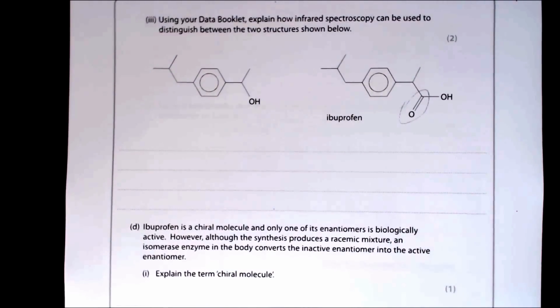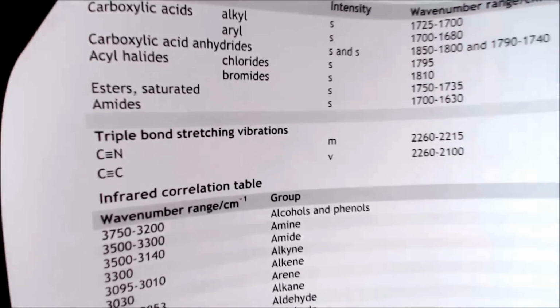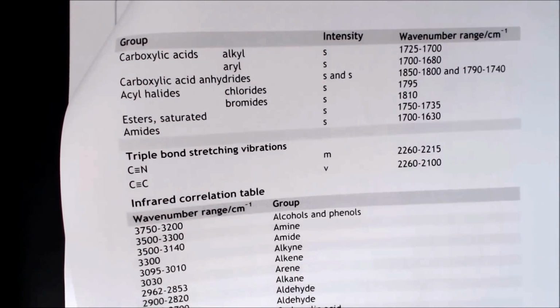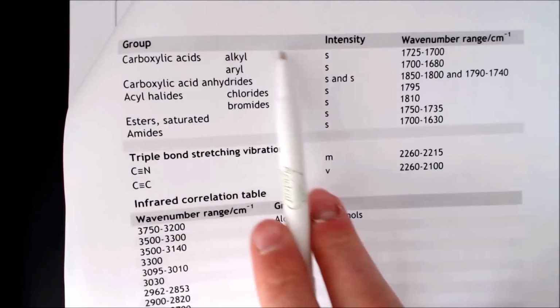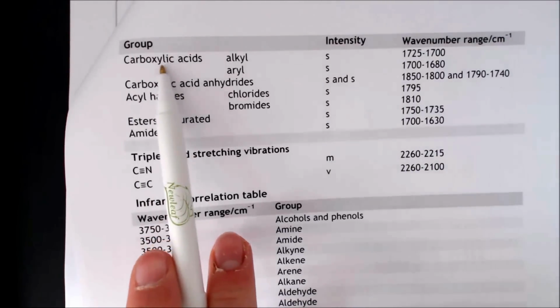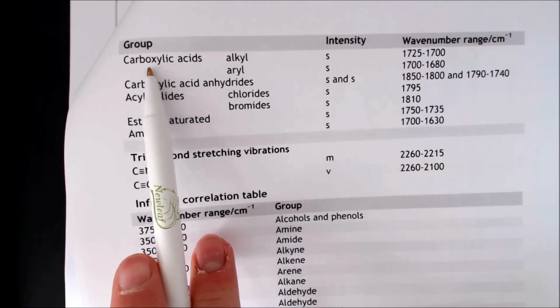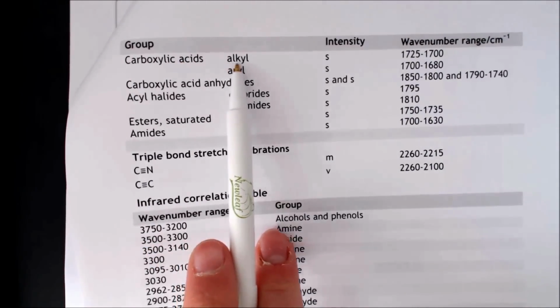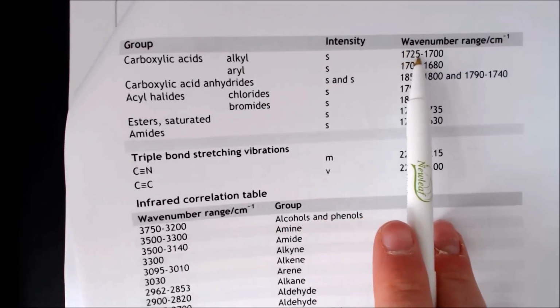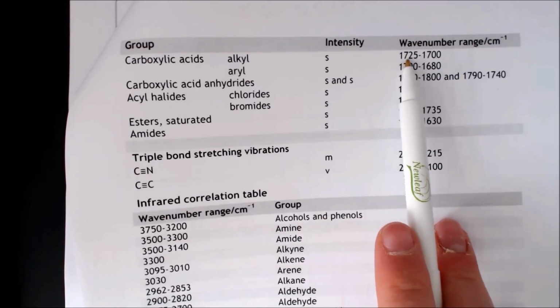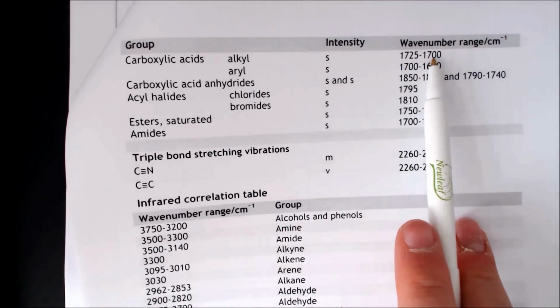So if we bring our, you have this massive data book, which is here, okay, and you can see we've got our infrared data here. Now the carbonyl group, this is your carboxylic acid there, it's your alkyl group. This has a wave number of 1725 and 1700.